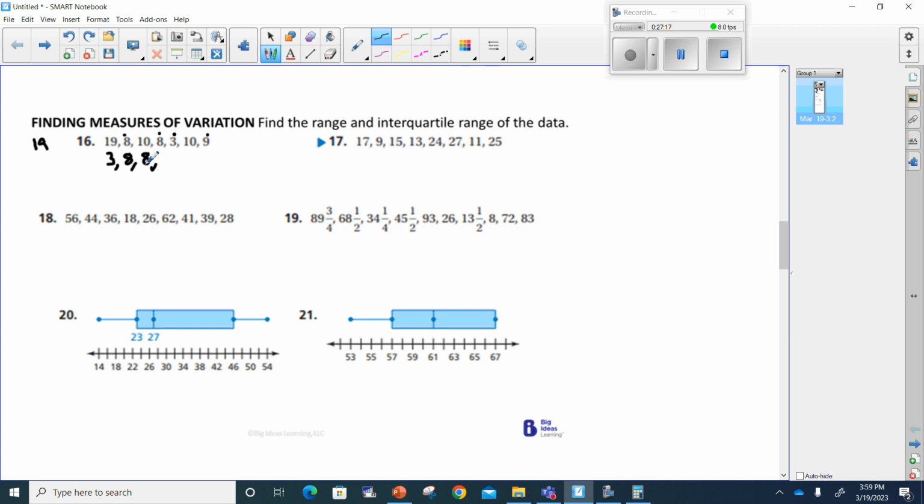Then 9. And then we've got two 10s. And then 19. The big number is 19, the smaller number is 3. So the range is 19 minus 3, and that'll give us 16. So that's the range.